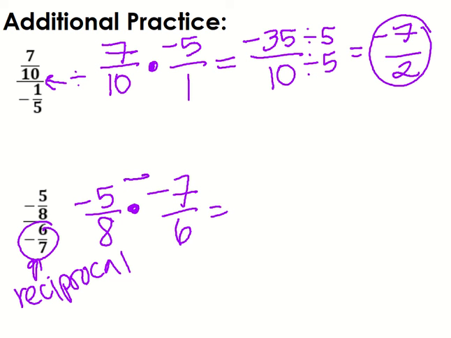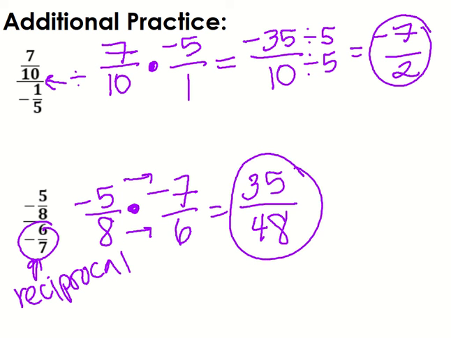Then we just multiply across. Negative times a negative is a positive. 5 times 7 is 35, and 8 times 6 is 48. In this case, there are no common factors, so we will not need to reduce. There is our final quotient.